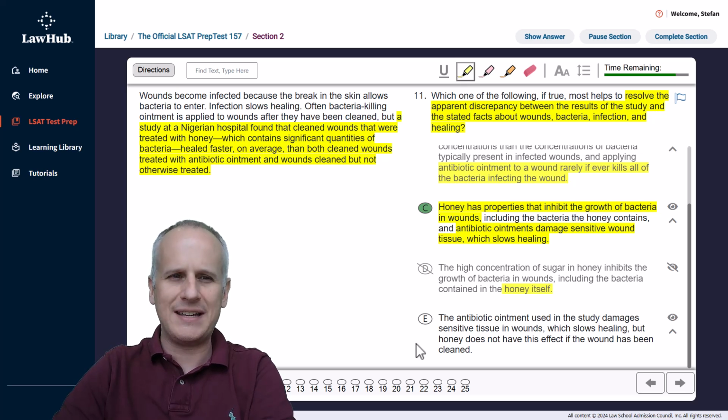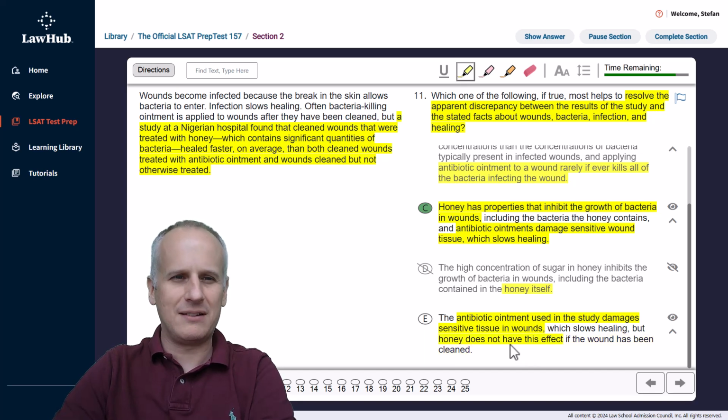And then lastly, choice E, the antibiotic ointment used in the study damages sensitive tissue in wounds. Okay, so we've got why the antibiotic ointment is bad, and that slows healing. But honey does not have this effect if the wound has been cleaned. But this doesn't say that honey is good.